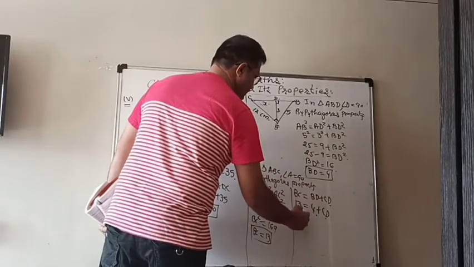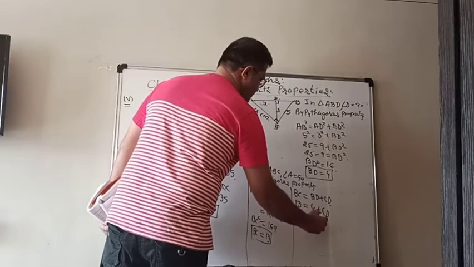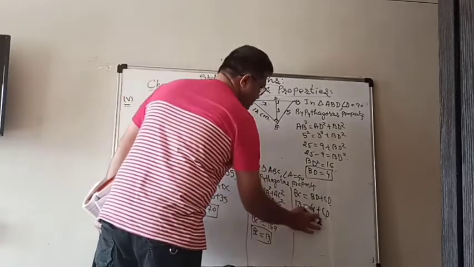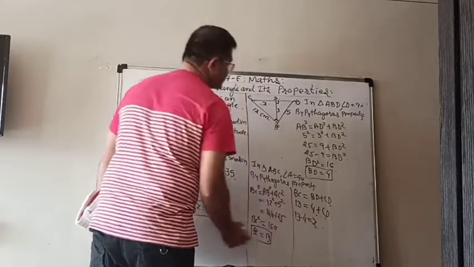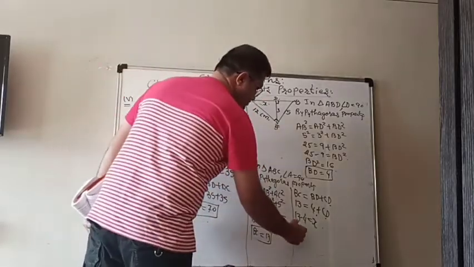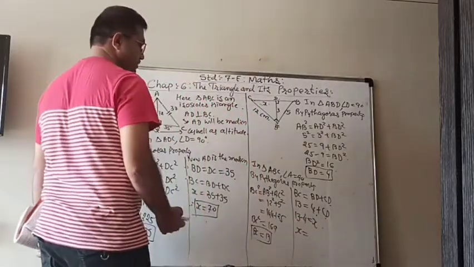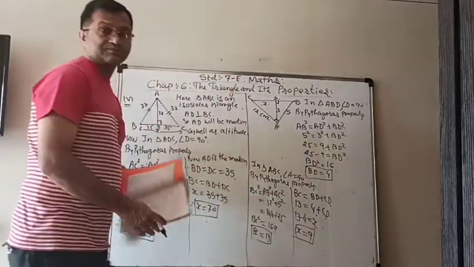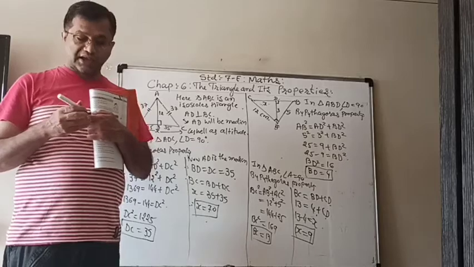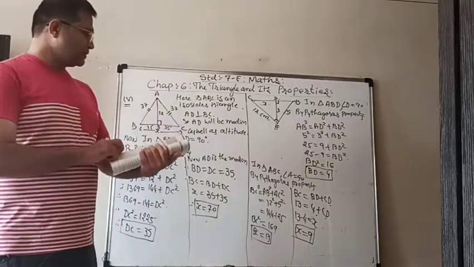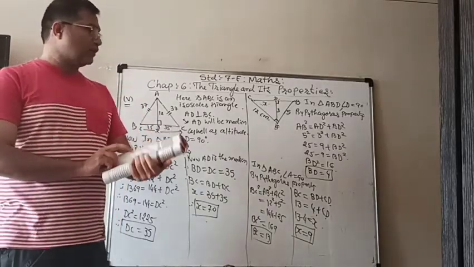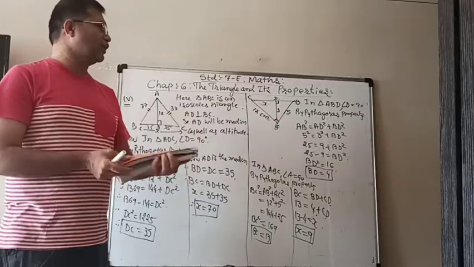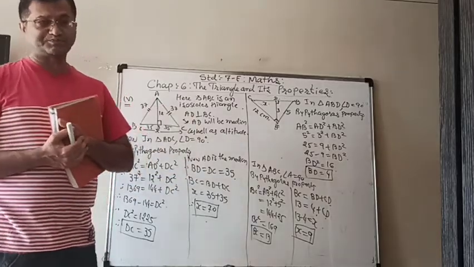So we will bring 4 this side. 13 minus 4 is equal to CD. CD's value is X. So the value of X is 13 minus 4, 9. So the value of X is equal to 9. So by this way we can find out the value of the unknown X.